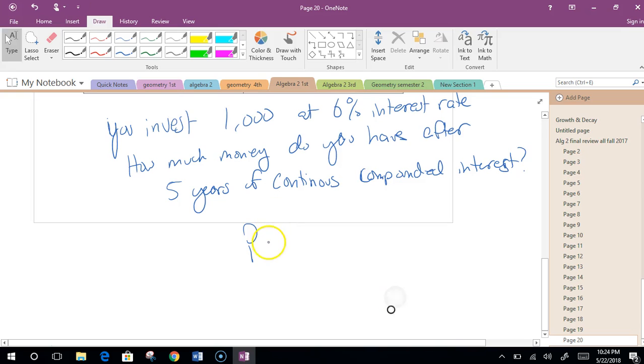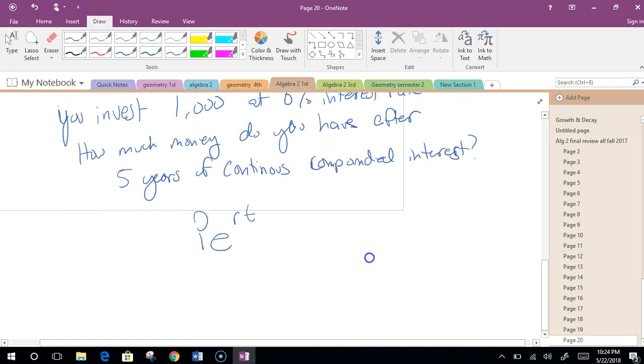We're looking at P, the principal, the amount you put in, times e to the rt, okay? This is the formula that we're going to be using for this.